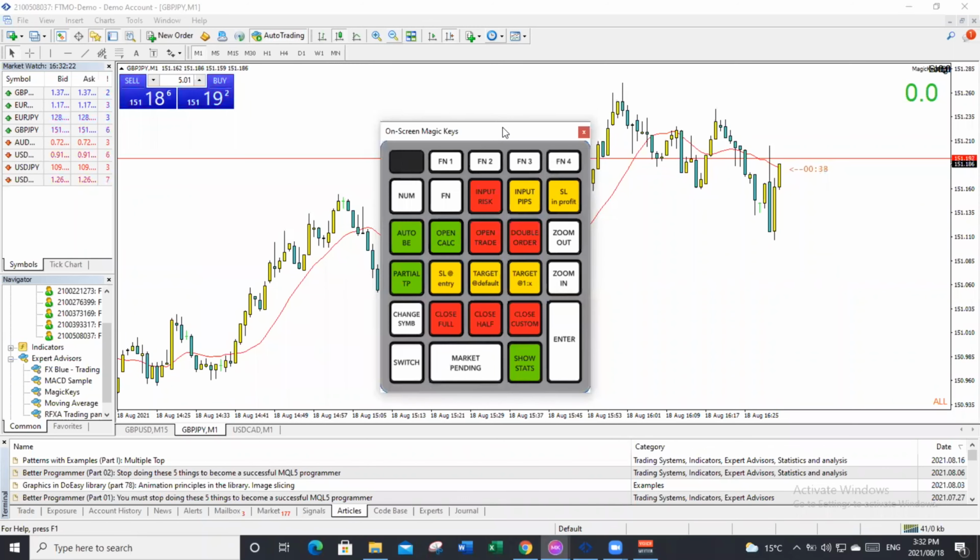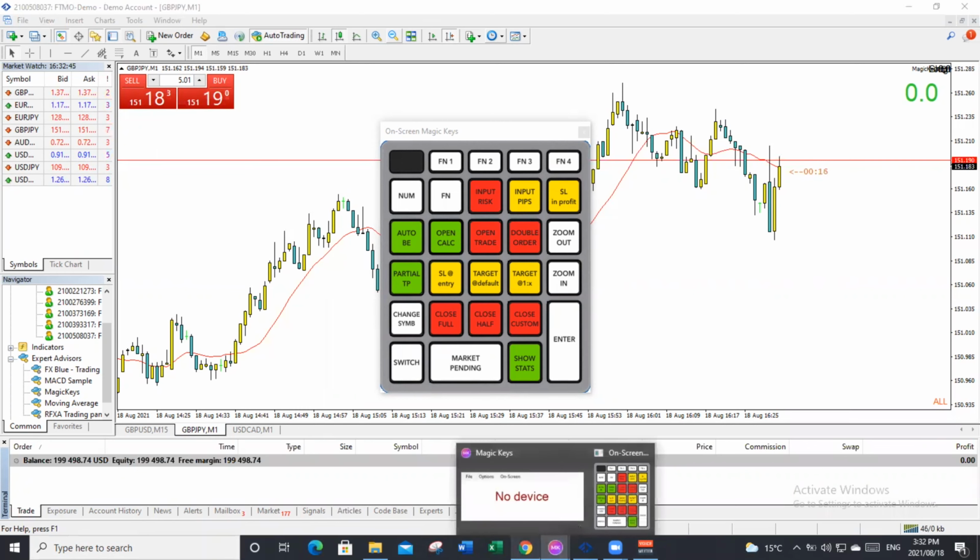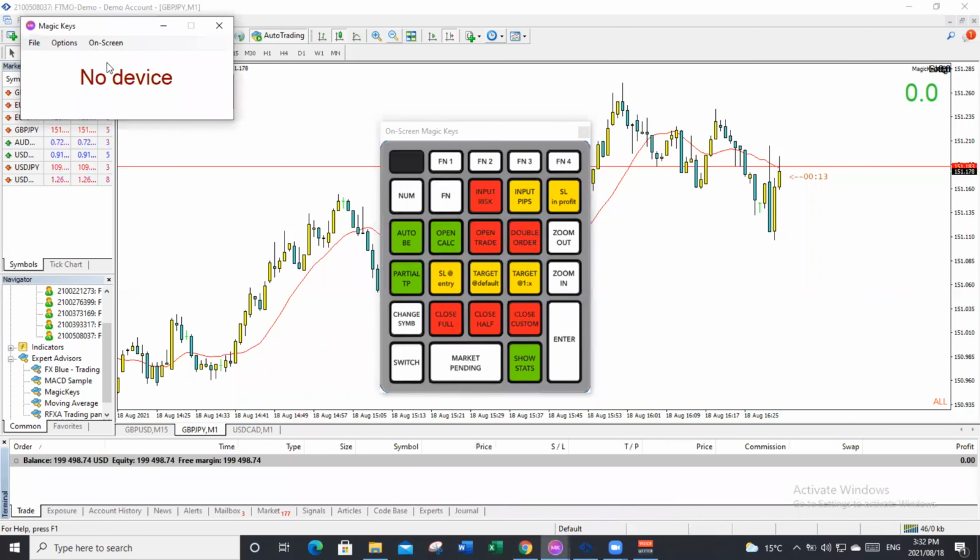People, we are looking at the calculator, the Magic Keys calculator. So when you purchase it and you receive the email that they give you, you will see a pop-up box or something that you're going to have to download. Once you download it, you'll then be able to open this thing.